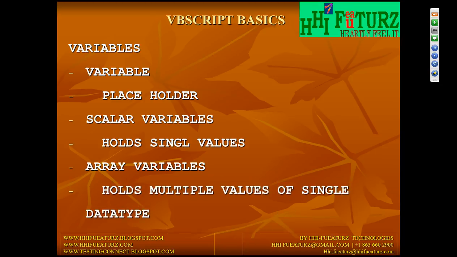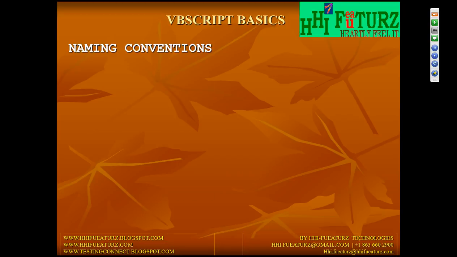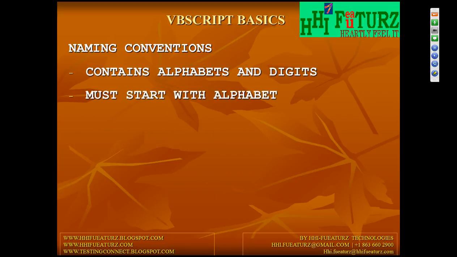Array variables hold multiple values of a single data type. In this class, if I have to store the employee IDs of all the students, I can go for an array. If each and every student has to be stored independently, I can go for scalar variables.